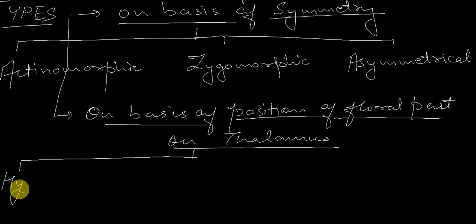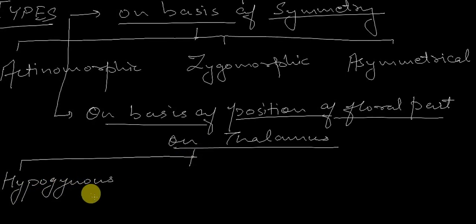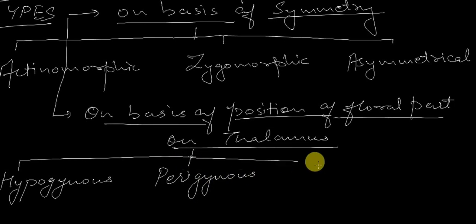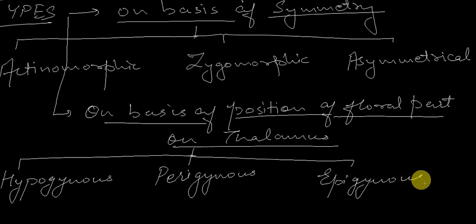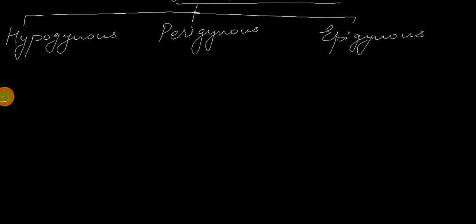Basically this deals with the positioning of gynoecium and androecium. It could be hypogynous, if the ovary is superior. Then there is perigynous, if the gynoecium is located at the same level as the androecium. And then we have epigynous.